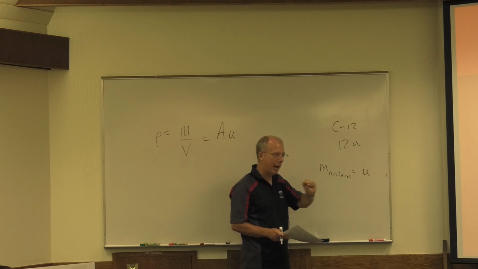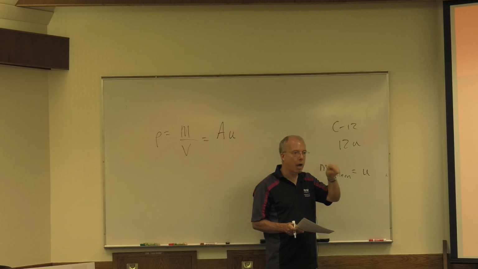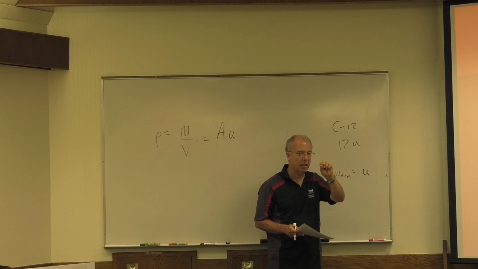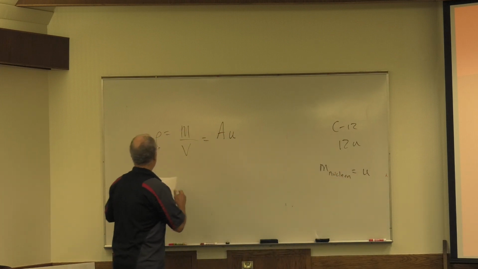We'll discuss why later. The mass of a proton is not equal to the mass of a neutron. It's slightly different, but super close, so we'll keep this for now. So this is the nuclear density.